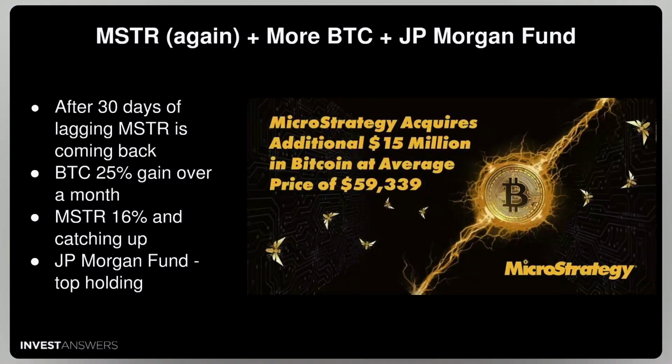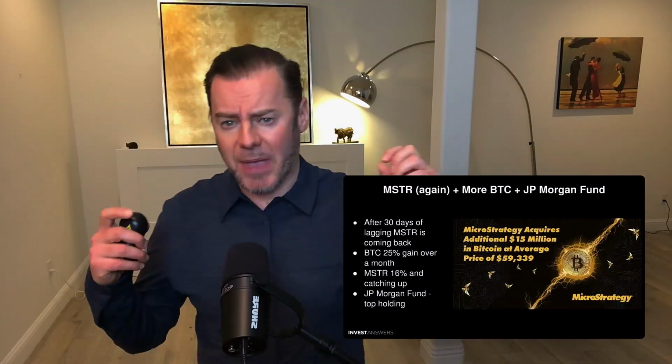In addition, I saw that MicroStrategy was lagging Bitcoin, because Bitcoin was up 25% in a month and MicroStrategy only went up 16%. And normally they are kind of in sync through my arbitrage model, which you guys on Patreon all know about. And also, the JP Morgan fund, as I said, would start buying up a ton of shares.